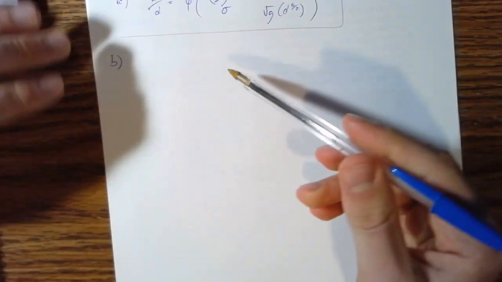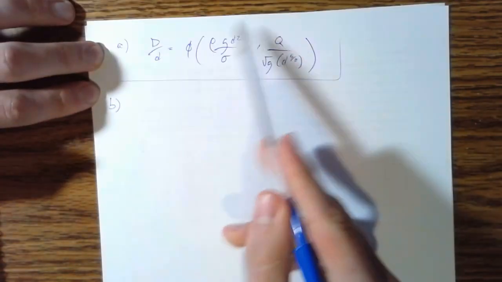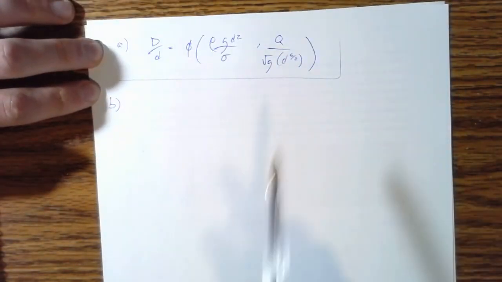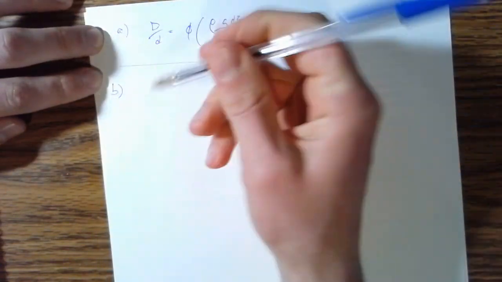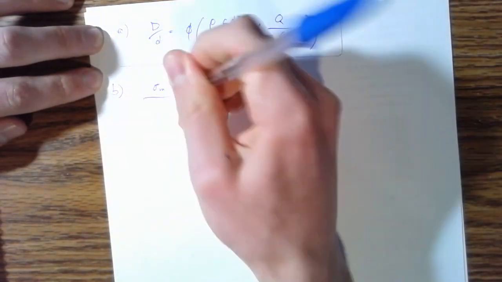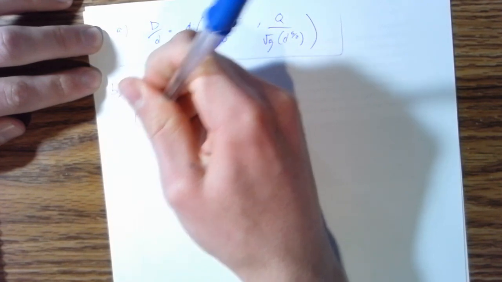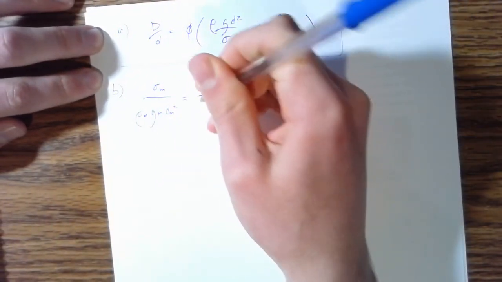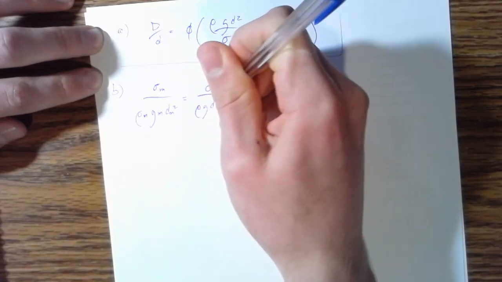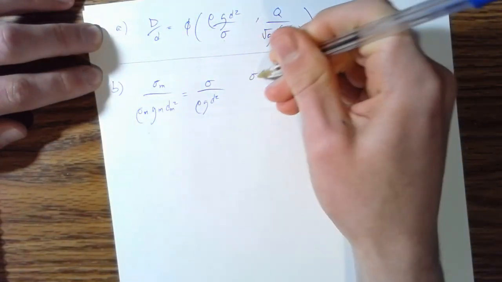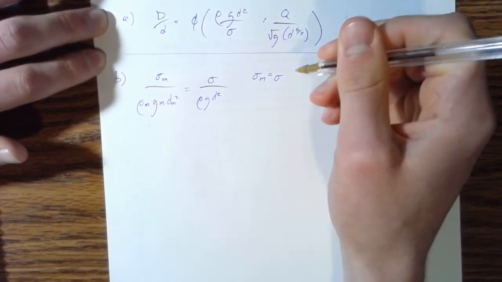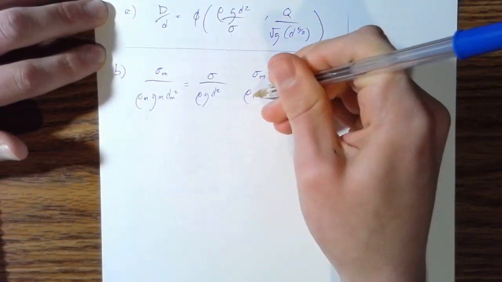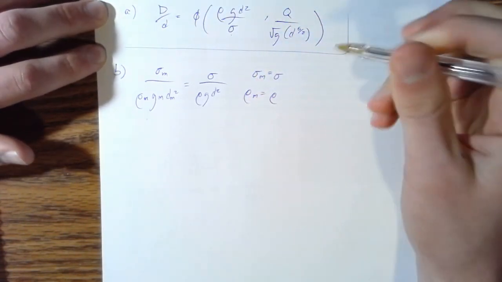Using similarity of this first, second, or third pi term, whatever this pi term is for us, we'll use similarity of that first. Knowing that we have the same surface tension because we have the same liquid and also the same density.